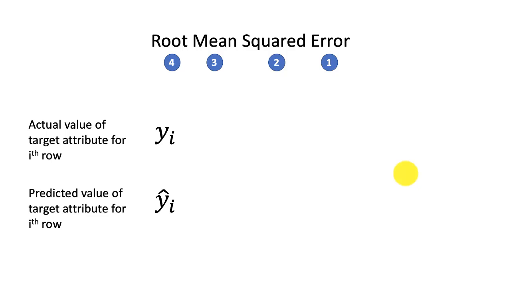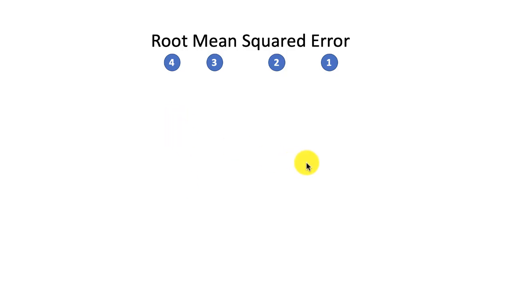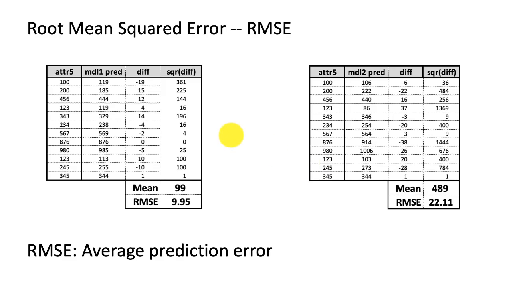So y hat i is the predicted value for yi. Let's say the actual value was 100 and the predicted value was 114. So y hat i is 114, yi is 100. If we go back to our previous table, this is your actual yi, and these are your y hat i's, the model predictions.